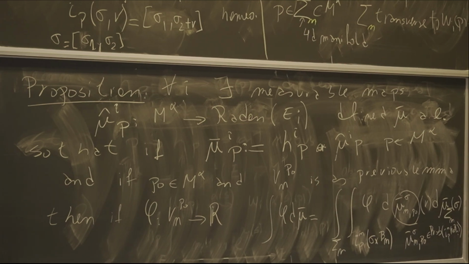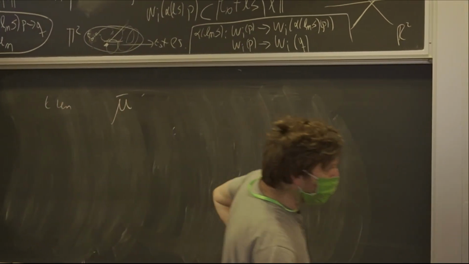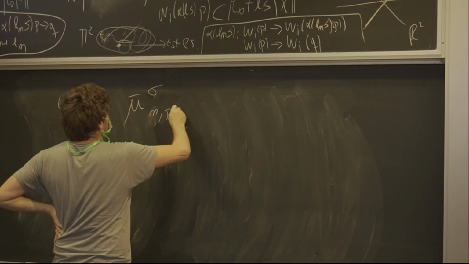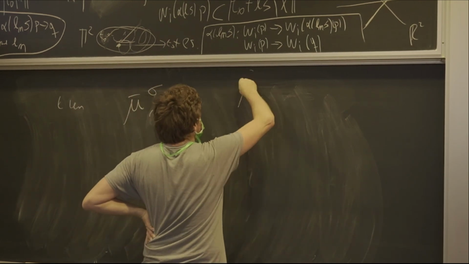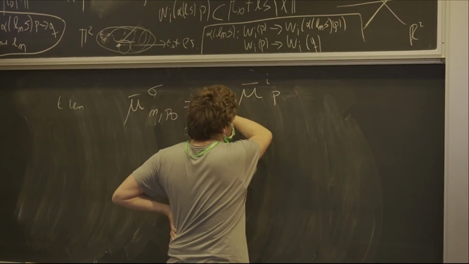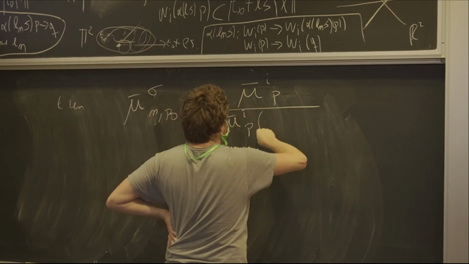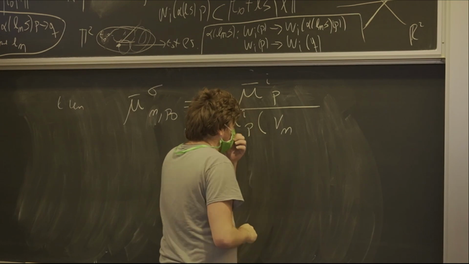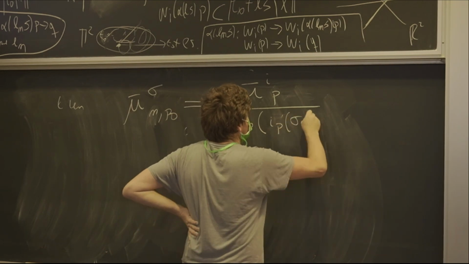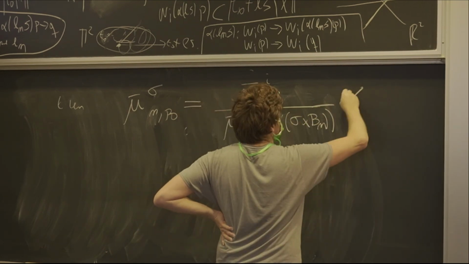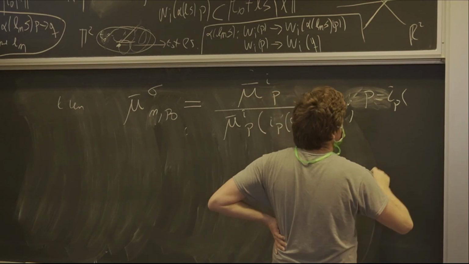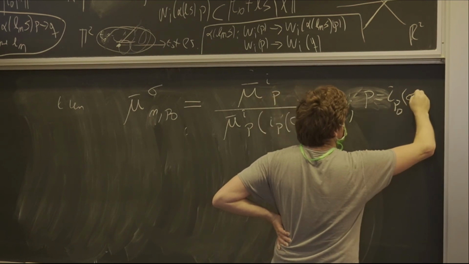Then mu bar sigma n p naught is equal to mu bar p or i p divided by mu bar i p of B of i sub p of sigma times B n, for every sigma, and here p equals y p of y p naught of sigma times 0.